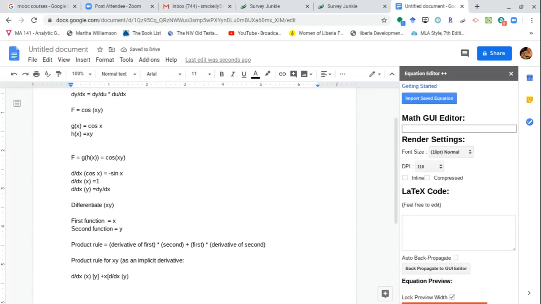So then you have the chain rule. d/dx of x is 1 times y plus x dy/dx. Okay, that makes sense. Sorry, it wasn't clicking that we're using the product rule for this.